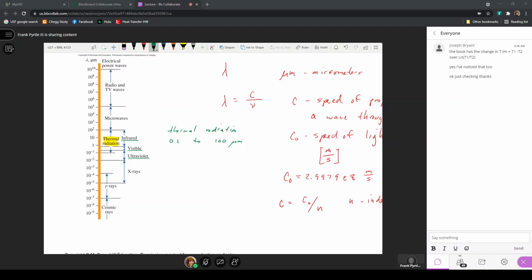So the thermal radiation range is made up of the range from infrared. Infrared is that part of the radiation range that we use infrared cameras for.